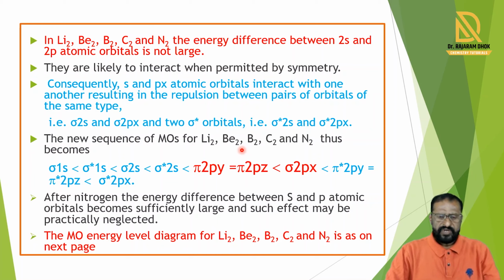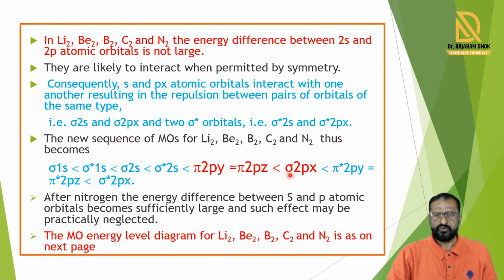So what is the energy sequence change? So sigma 1s, sigma star 1s, sigma 2s, sigma star 2s, this remains same, but pi 2py and pi 2pz have lower energy than the sigma 2px.